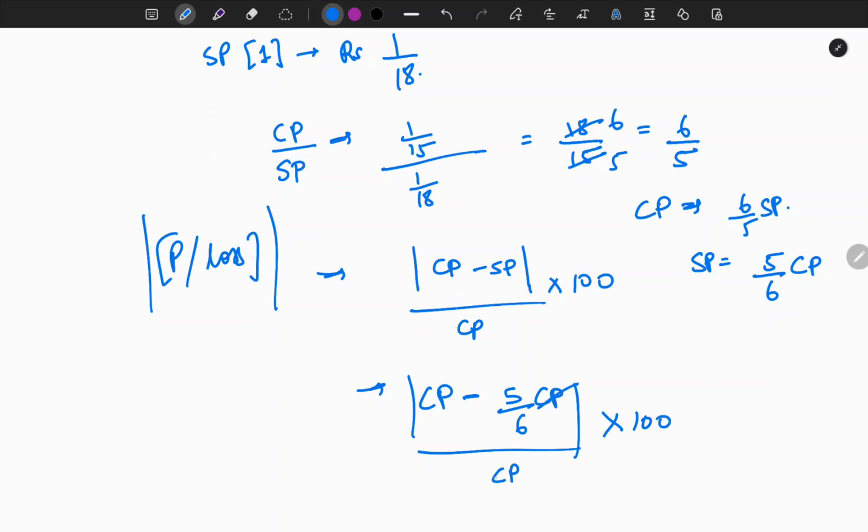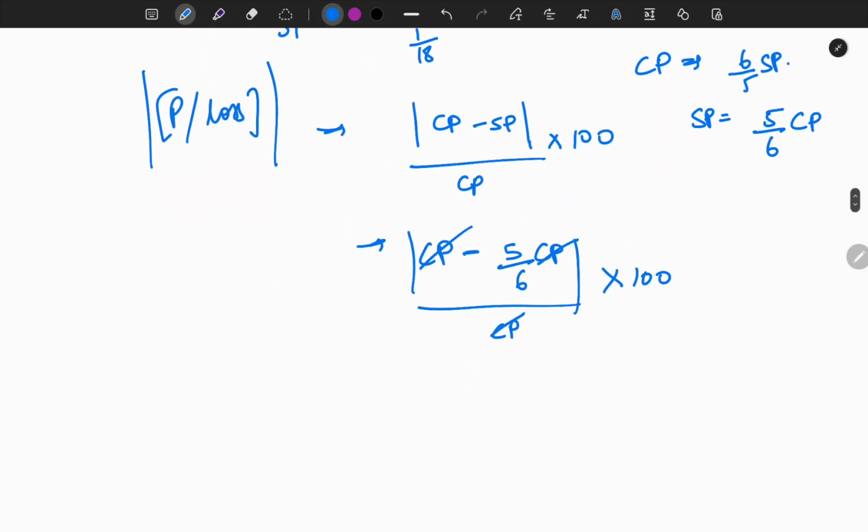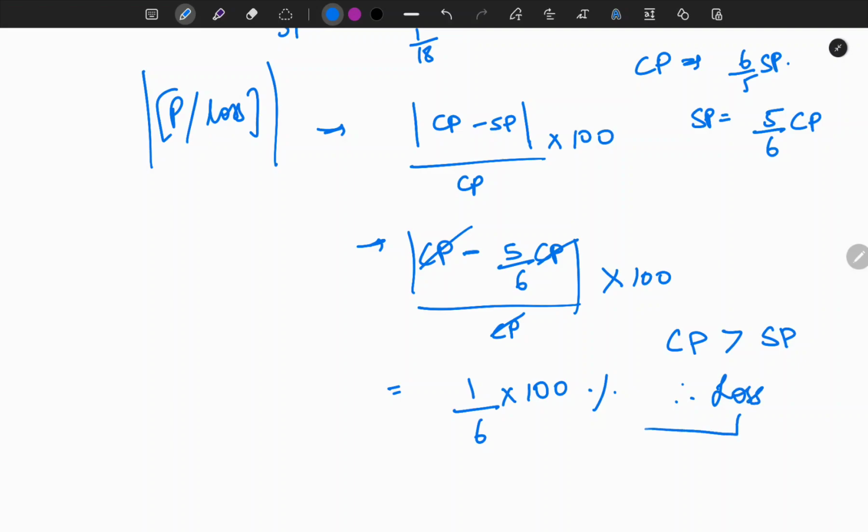So we would cancel out all of this and we would be left with 1 by 6 into 100%. Now as we can see, cost price is greater than selling price, therefore this is the loss percent.